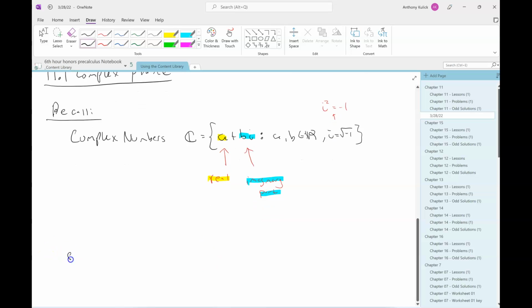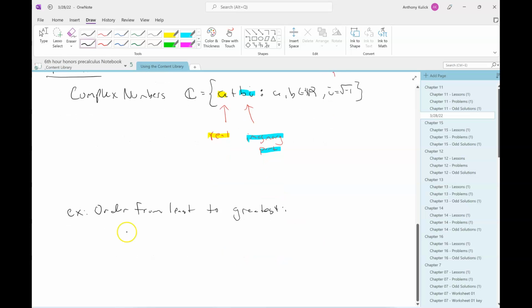So with the real numbers, one of the features of real numbers is that they're orderable. So I could ask you to do things like order these numbers from least to greatest, and I could give you 0.83 and 5/6 and 10/13 and 7/9 and the square root of, I don't know, 3/5 or something.